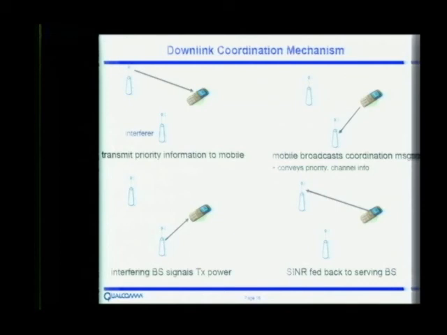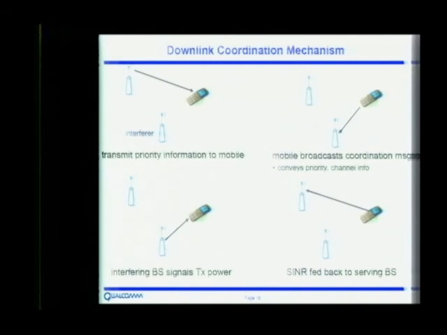And the second thing it wants to convey to the interferer is whether this interferer is really a dominant interferer to this mobile. If this interferer is a weak interferer, then this guy may not knock out. So somehow we want to get this information out. Hence we have this receiver-based mechanism, because if the receiver sends the message, you could just look at the power at which you're getting the message and detect all the receivers to which you need to back off. So that gives you some information.